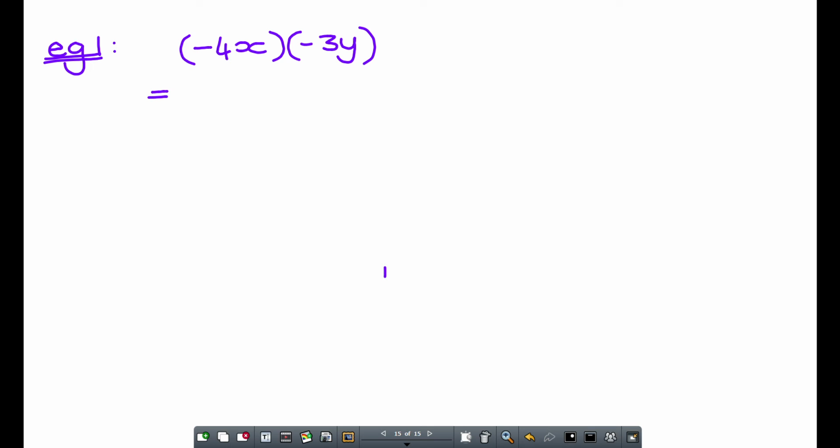Okay, so minus 4 times minus 3 is going to give me positive 12. Okay, and because we're multiplying, we said we can multiply terms that are not like terms. So we are allowed to multiply. Then the second thing we said is it might happen that the variable or the unknown changes.